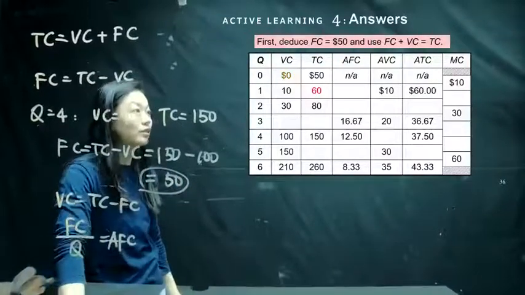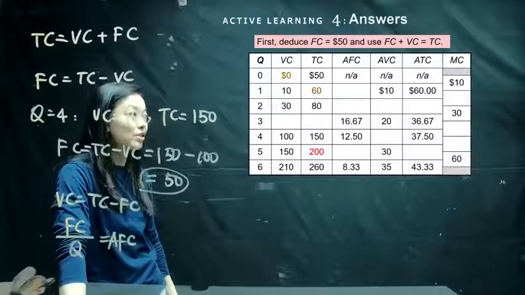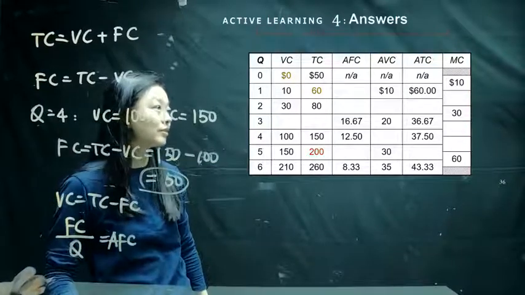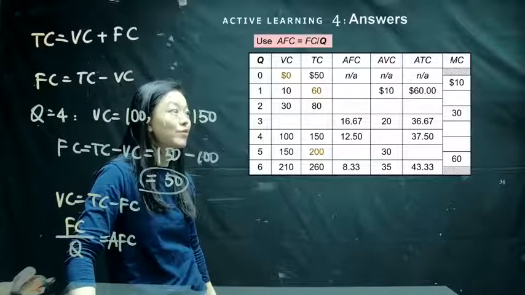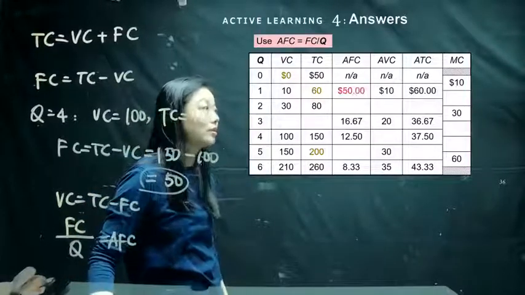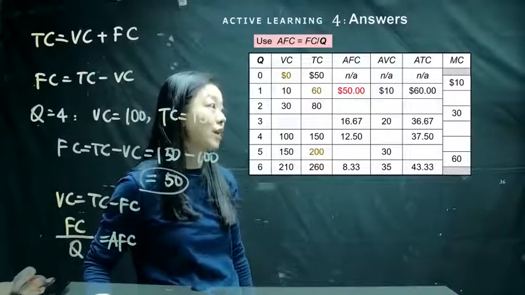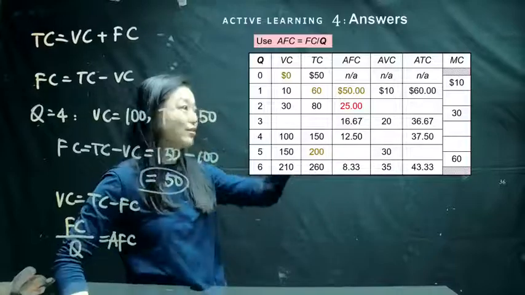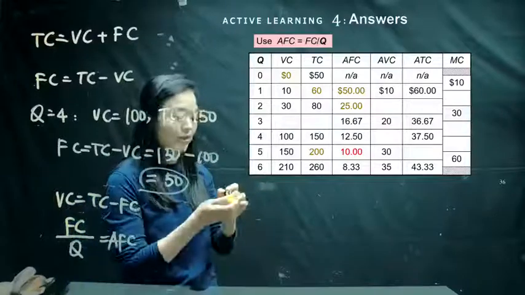So after that, you can get all the total cost parts. Then the average fixed cost equals the fixed cost divided by quantity. You use 50 divided by 1, 50 divided by 2 to get an average fixed cost of 25, and then 50 divided by 5 units gives 10. So here you can fill out all the average fixed cost.